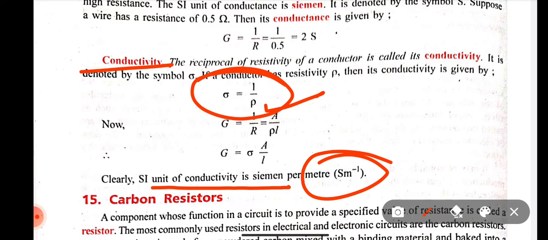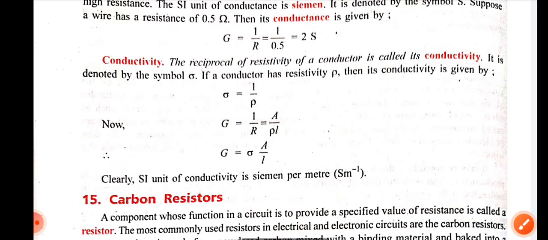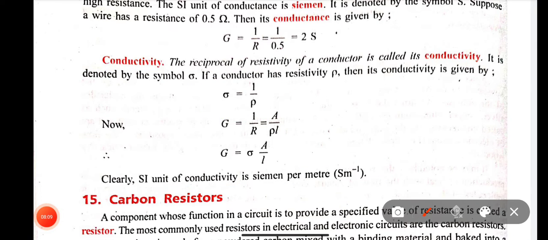If you want to know how it comes, then I would like to express it in a formula. As you know, 1 upon R equals 1 upon rho.